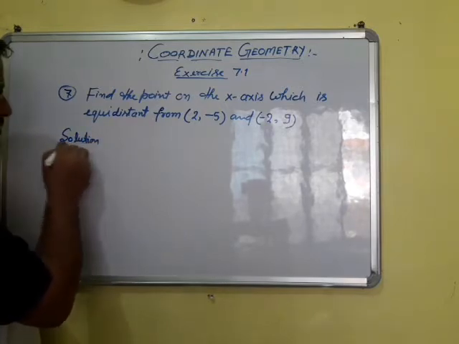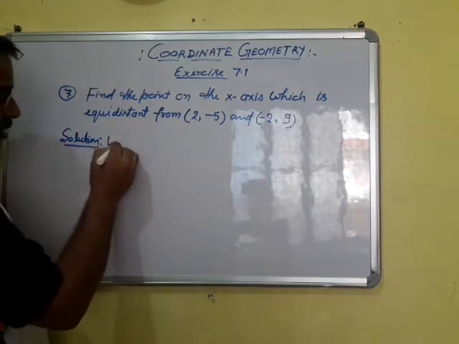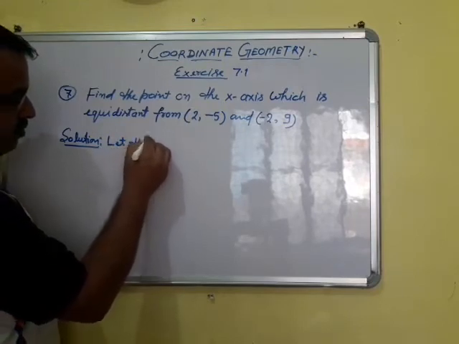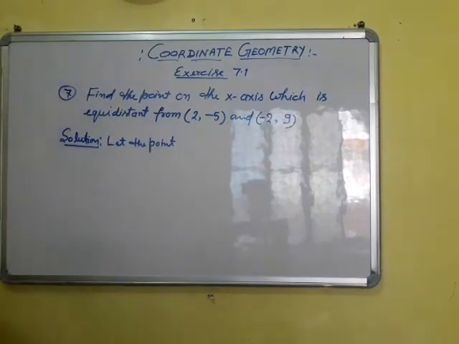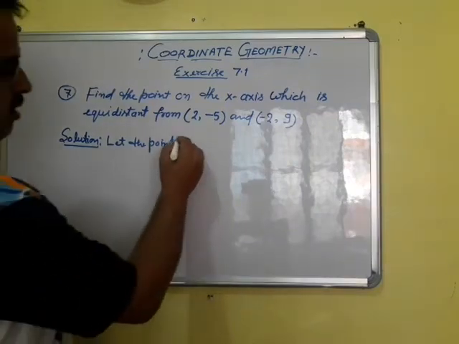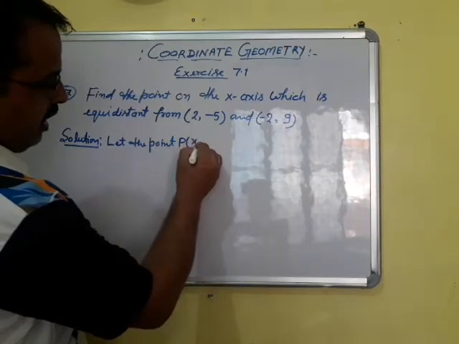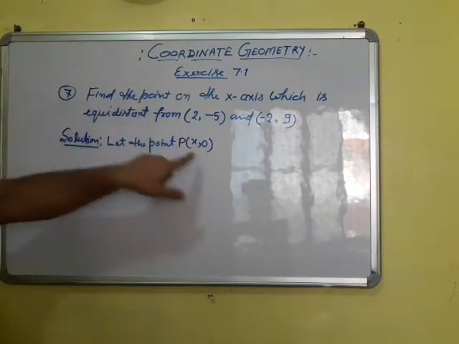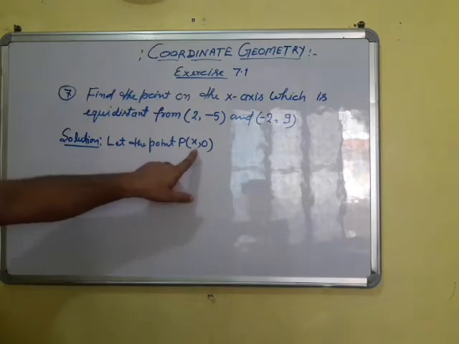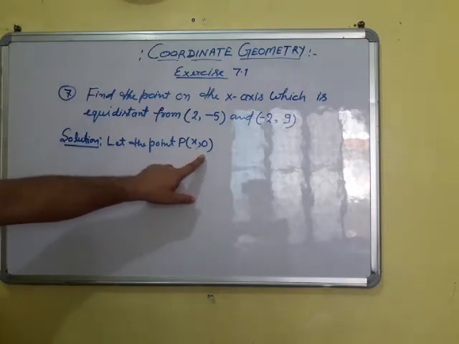Solution: let the point be P. We let the point P be (x, 0). The point we have to find, we assumed it to be P, and its coordinates are x and 0, where P is on the x-axis.